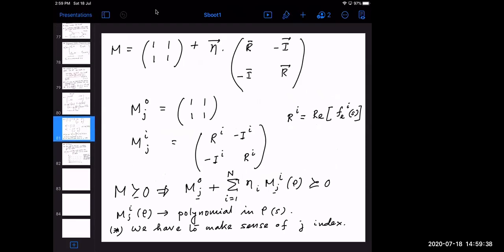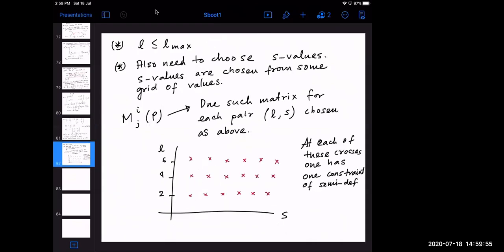Ultimately, unitarity becomes a statement of the polynomial matrix problem, and the index J is how many constraints we have there. We have the same number of constraints, each for one L and one value of S. You can think of it like a double grid of L and S values, and at each grid point you have one value of MJ.